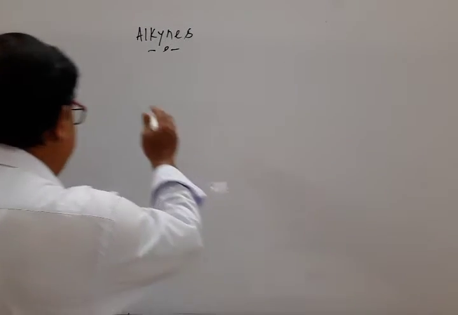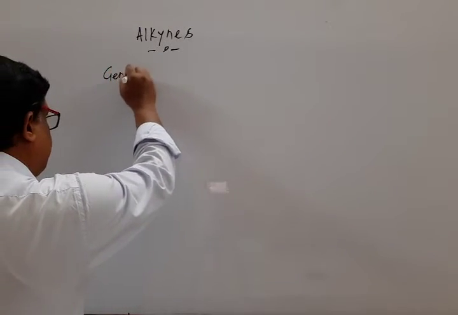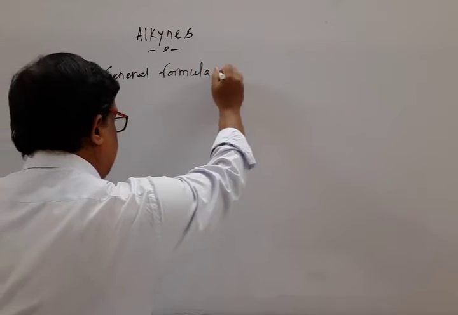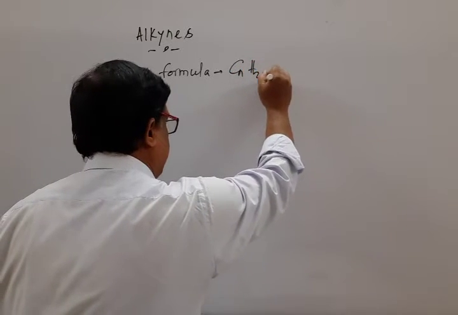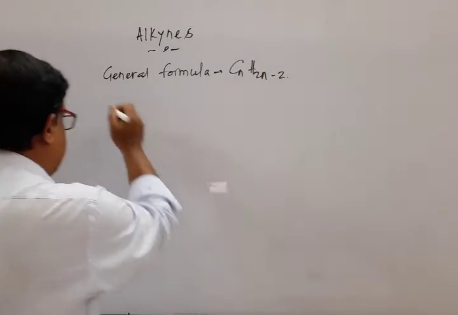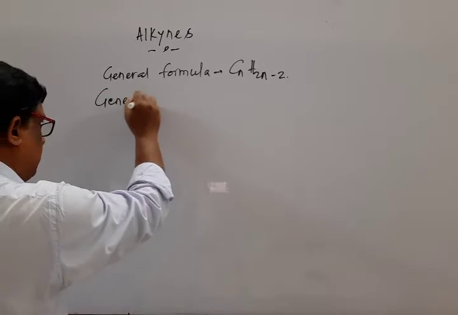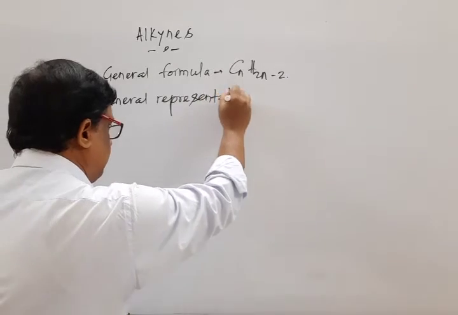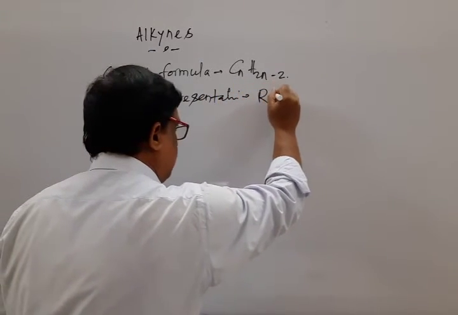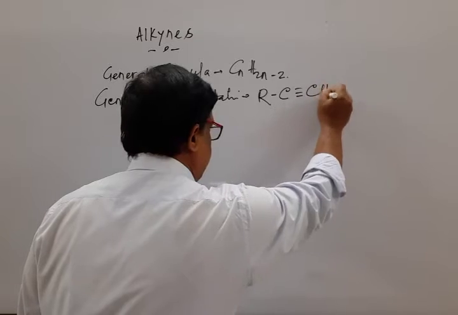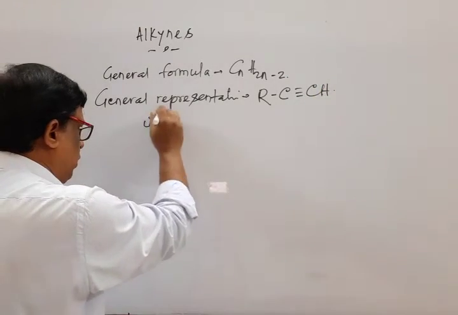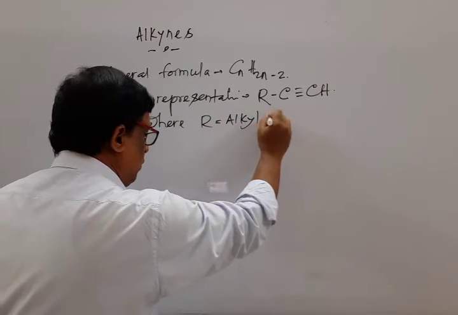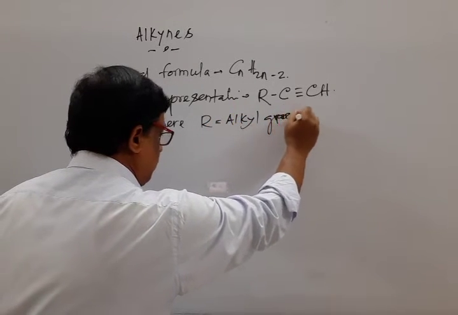Mark that, having the general formula CnH2n minus 2. General representation is R C triple bond CH, where R is known as alkyl group.